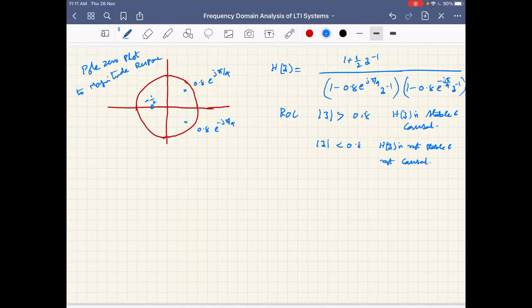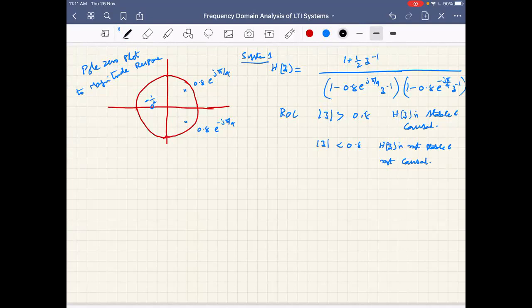Now the question is, are there any other systems having the same magnitude response as system 1? Let me directly write another possible system having the same magnitude response, and you verify.